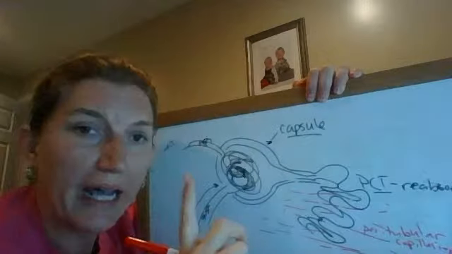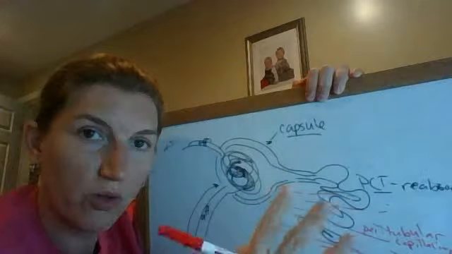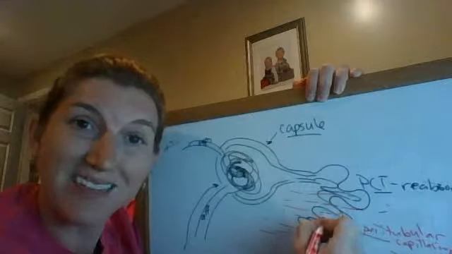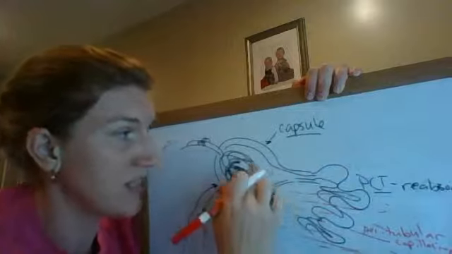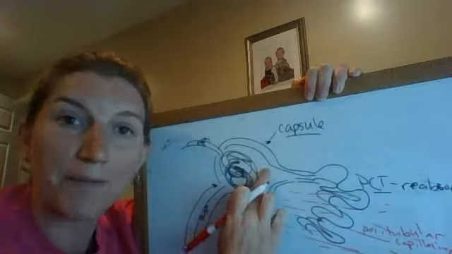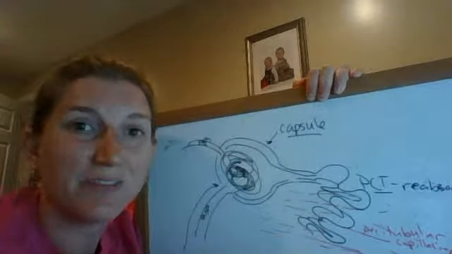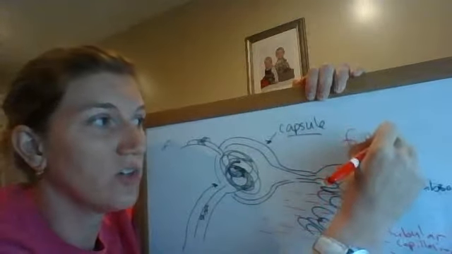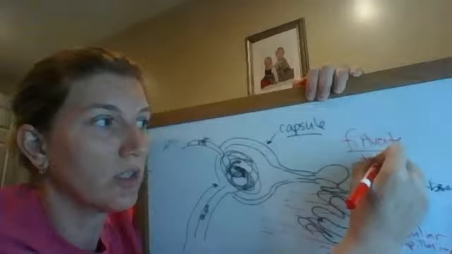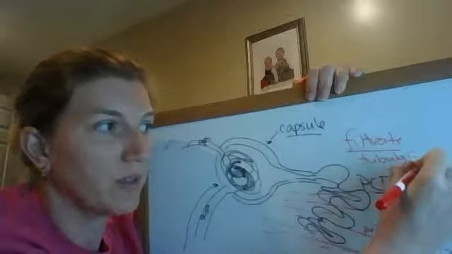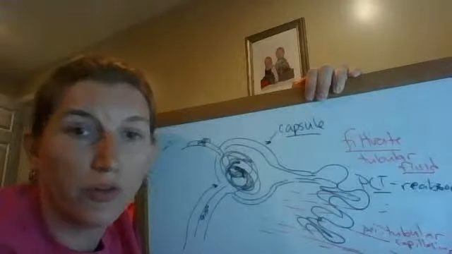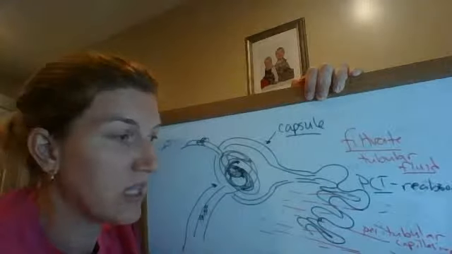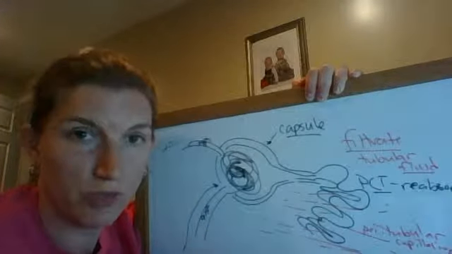So just so that we can understand some of the terms, inside the nephron, right inside the PCT and the glomerular capsule, we are going to call this stuff filtrate. It's also sometimes called tubular fluid. Tubular fluid or filtrate, same thing. There's another term that you'll see in the book. It's called the peritubular fluid.